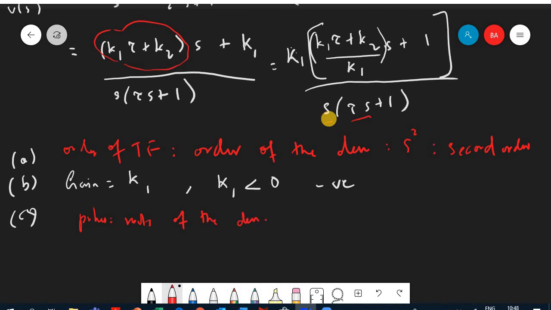In this case, my poles are s equal to 0 and s equal to minus 1 over tau. If I plot them on the plane, there's one here at 0, and another one at minus 1 over tau. So I have two poles, and this is how I plot it on the plane.